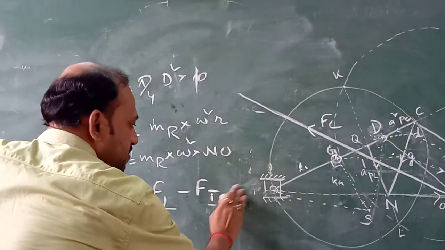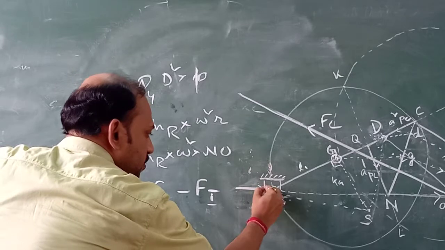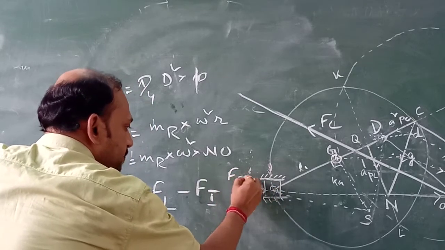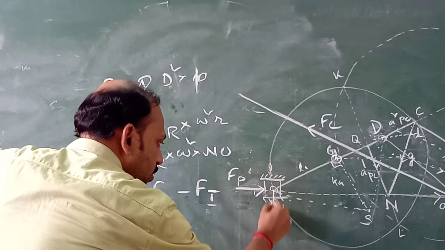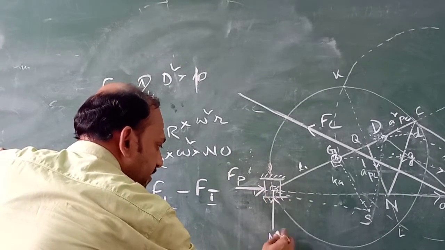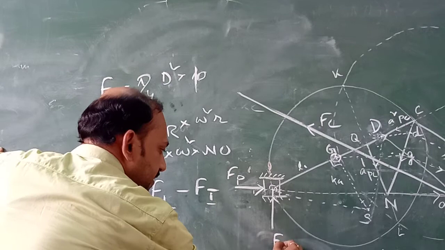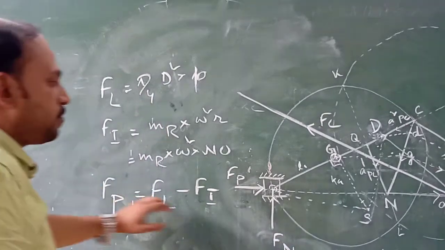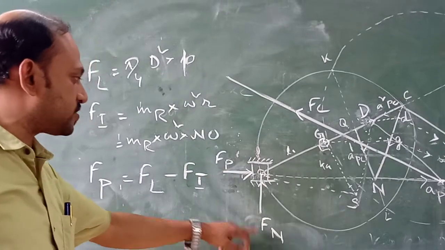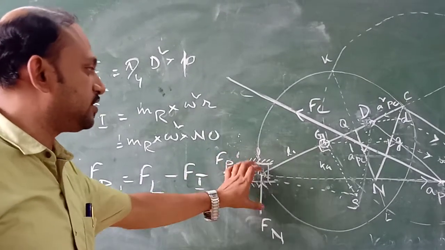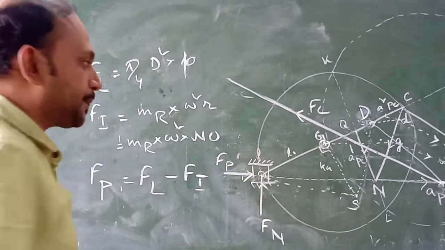So Fp means the net force which is acting on the piston P. Similarly, we also have a reaction force here, that is Fn, which is normal to the guide bars. So these are the two forces, Fp and Fn, which are perpendicular to each other.